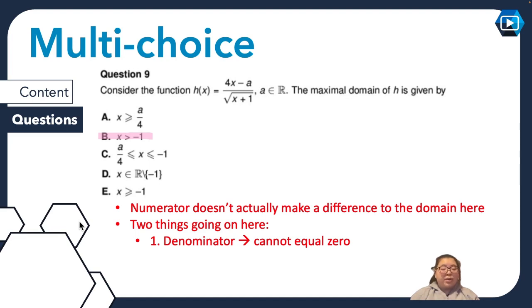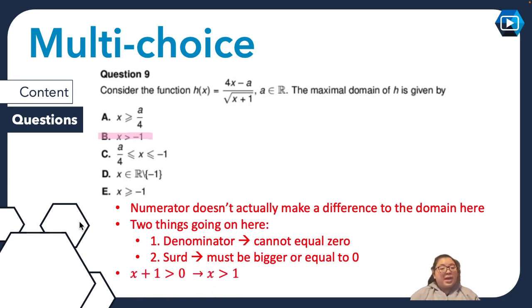And secondly, we have a surd going on, which means that bit must be bigger or equal to 0. Combined together, that means the denominator, so the root x plus 1, or the x plus 1 more specifically, has to be both bigger than and not equal to 0.